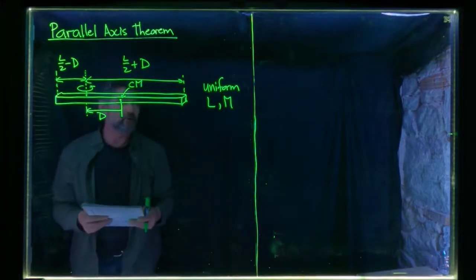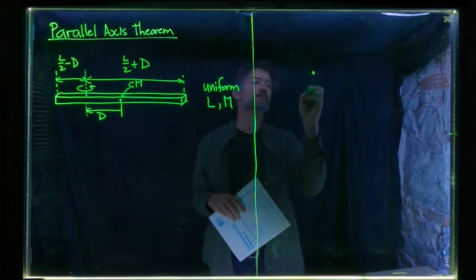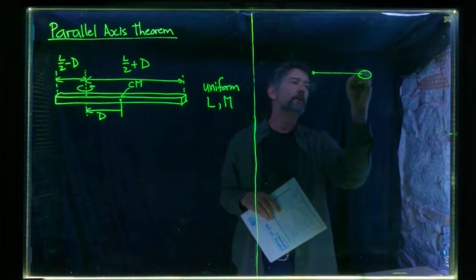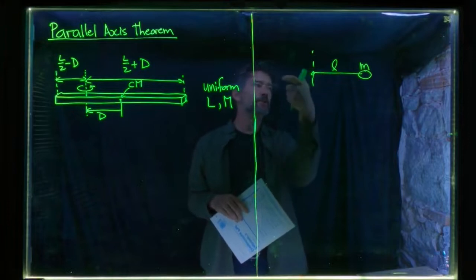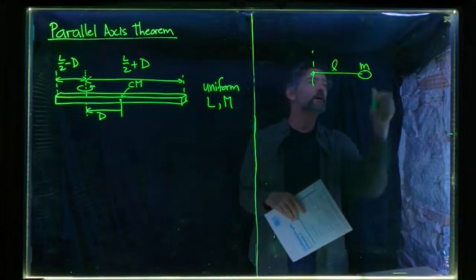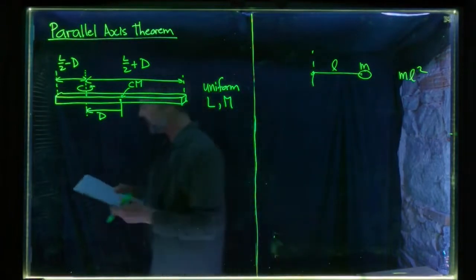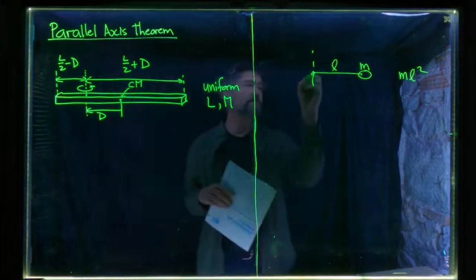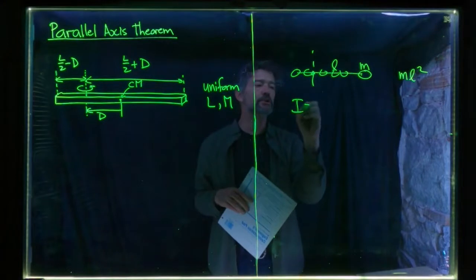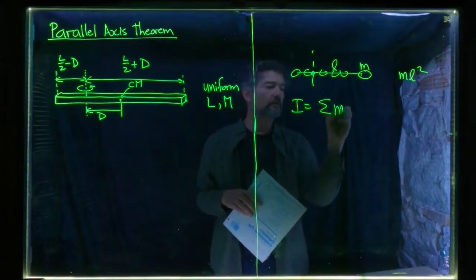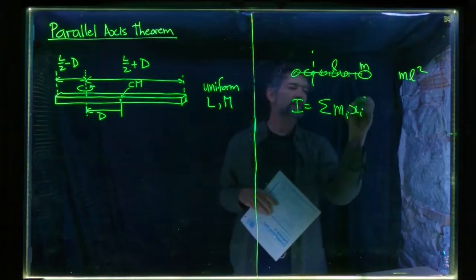Now, in general, what we know is that the simplest rigid body is a mass m located at a distance L from the axis of rotation, and the moment of inertia of this is equal to m times the perpendicular distance squared. So if this thing is made up of a number of masses, the moment of inertia is equal to a sum over the individual masses, breaking that object into a bunch of masses, times x_i squared.